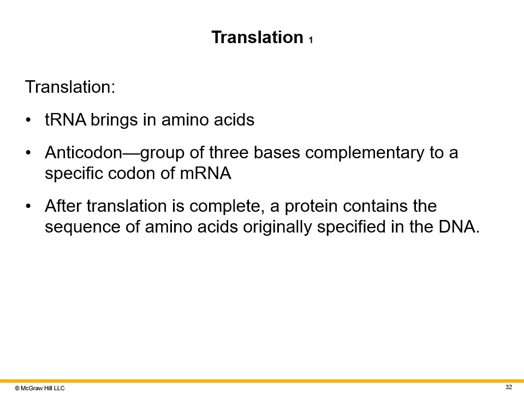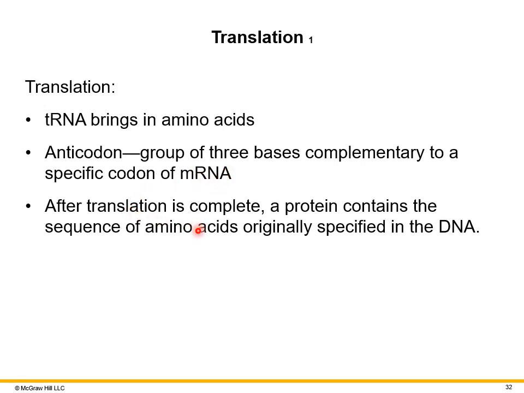In translation, tRNA is going to bring a specific amino acid. Each tRNA is unique in that they have a different sequence of anticodons. Anticodons are going to be 3 nucleotides that are going to pair up with the codon on the mRNA.